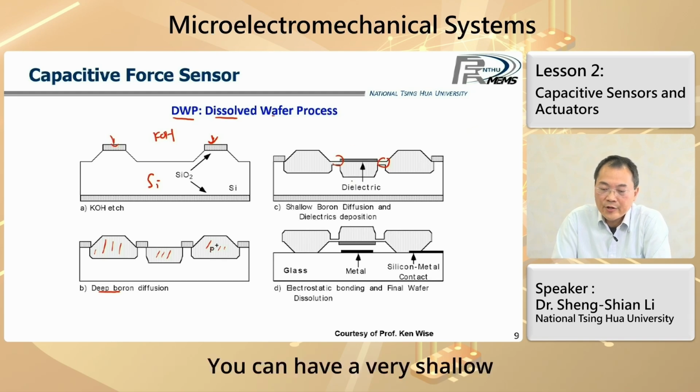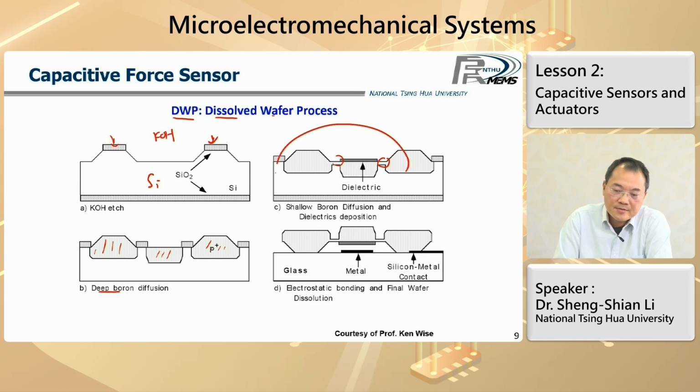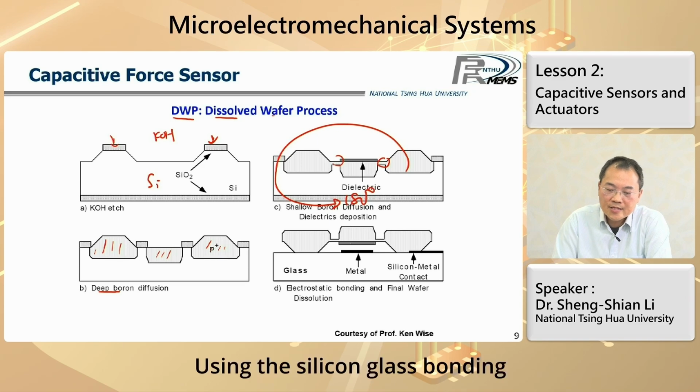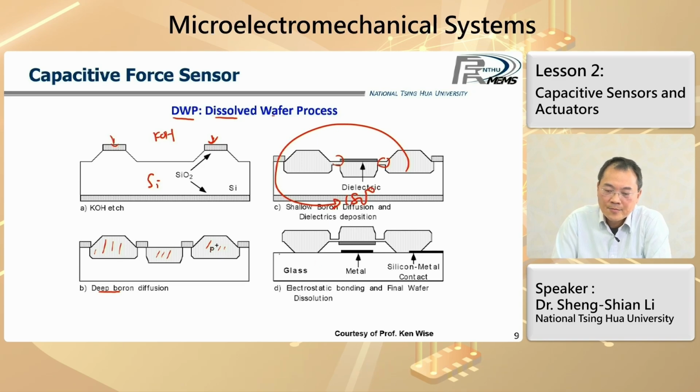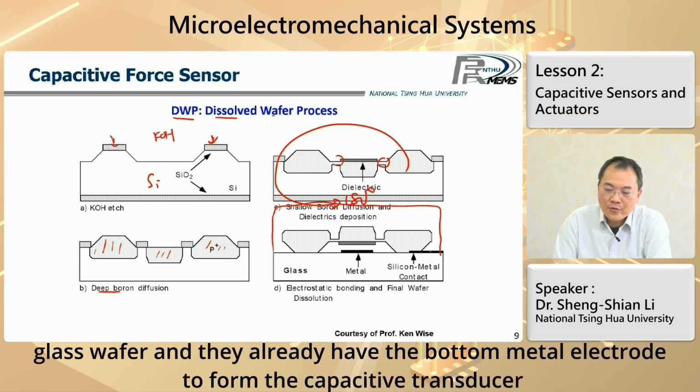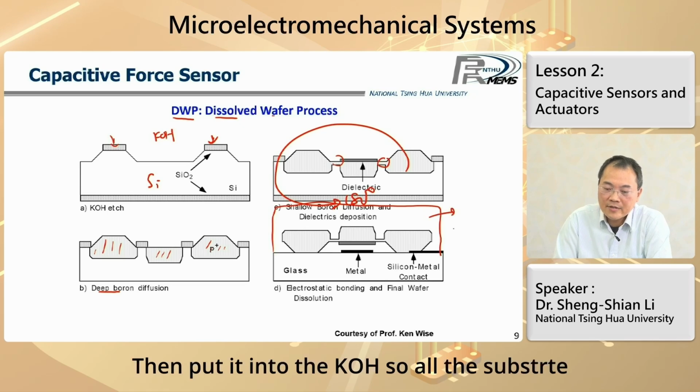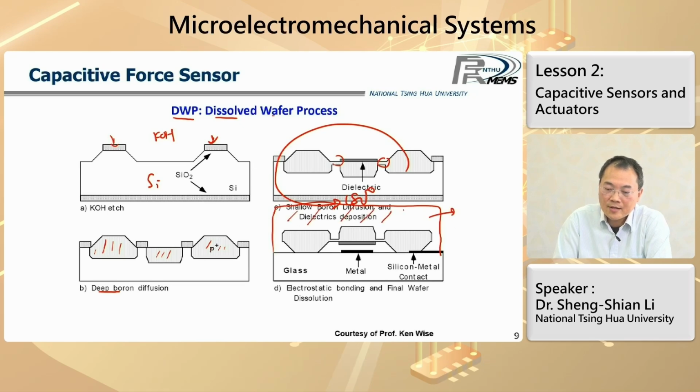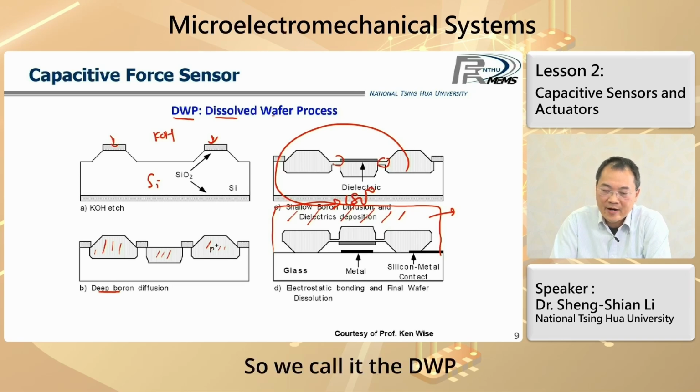You can have a very shallow diffusion in the single crystal silicon. Finally, you flip 180 degrees using silicon-glass bonding, bonding to another glass wafer that already has the bottom metal electrode to form the capacitive transducer. Then put it into the KOH. So all the substrate will be dissolved in the KOH. So we call it the dissolved wafer process.